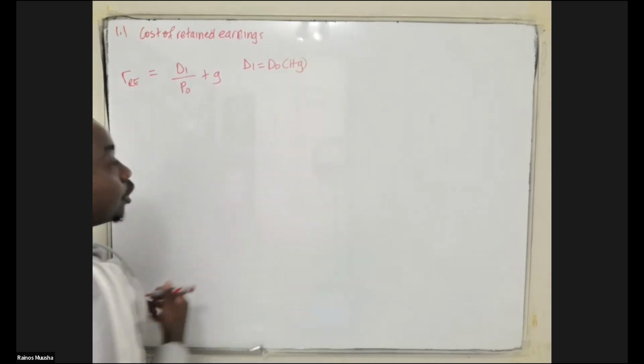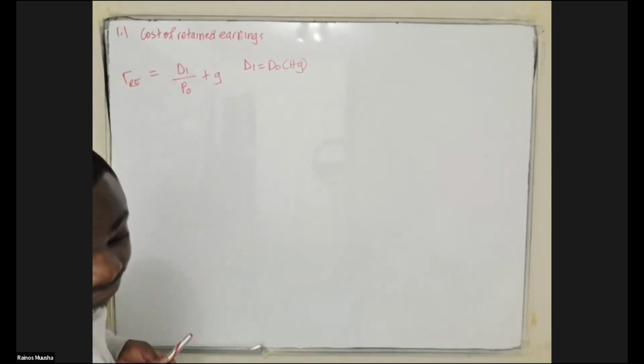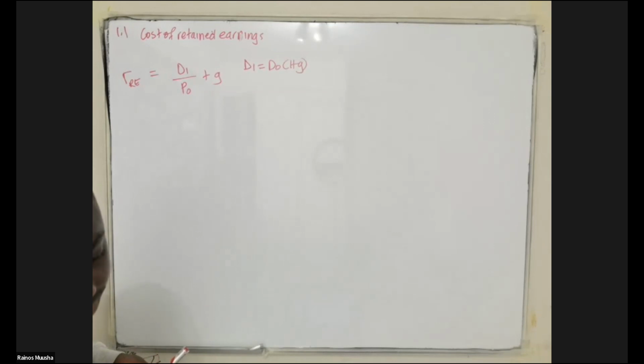So you need to check, from the information given, whether we are given D0 or D1. If you check the information given in the question, they tell us that the company paid a dividend of $2.35 on each of the 900 ordinary shares.